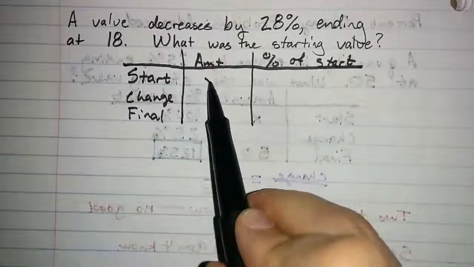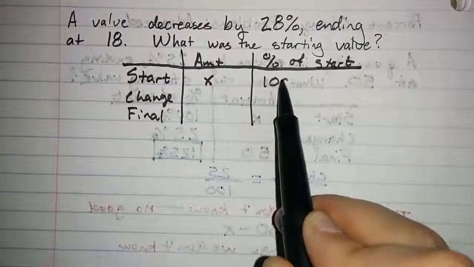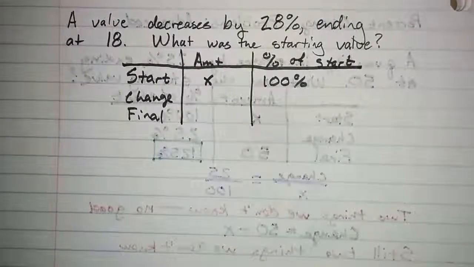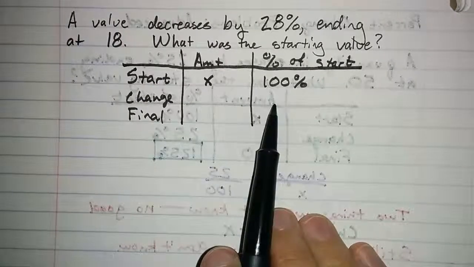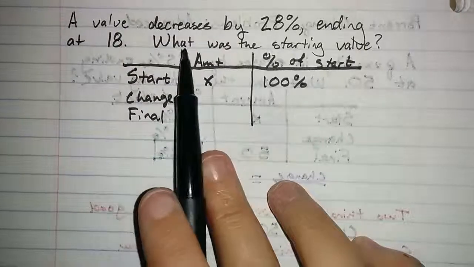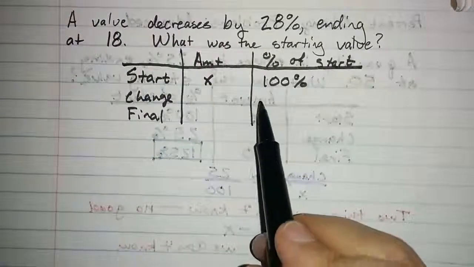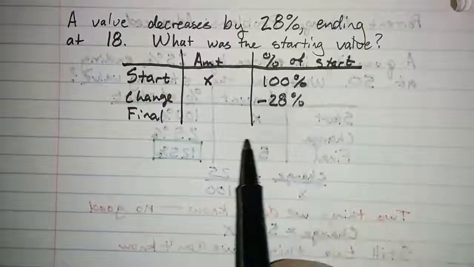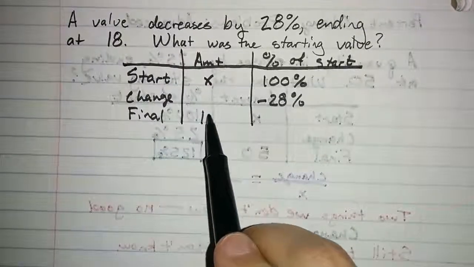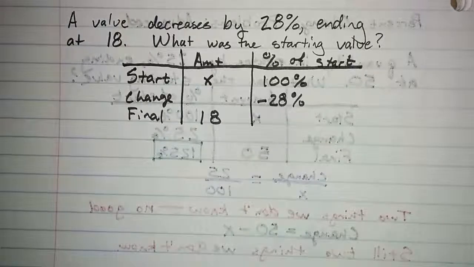We want to know the starting amount, and of course that's 100% of itself. We don't know or care about the amount of change, but the percent change is a decrease of 28%, so negative 28%. And then the final amount was 18.